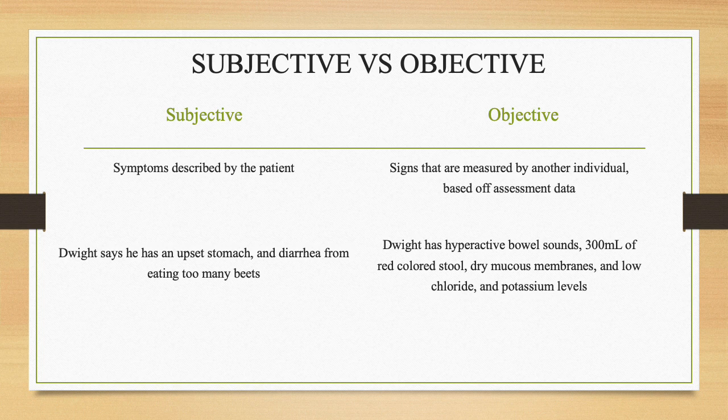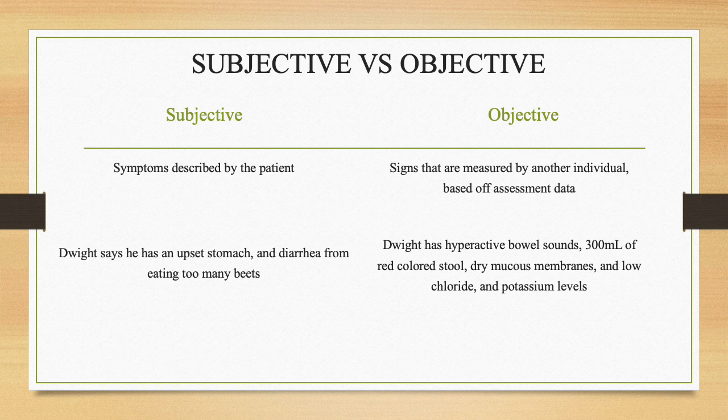Those are measured by somebody else based on our assessment data, and they're considered signs. So let's say I do labs. I draw labs and I see, well, your white blood cells are elevated, and I take your temperature, and your vital signs show you have a fever of 101.2. That is objective data.